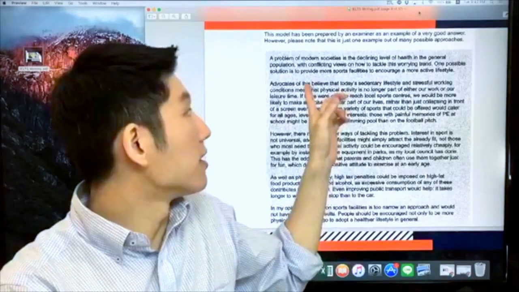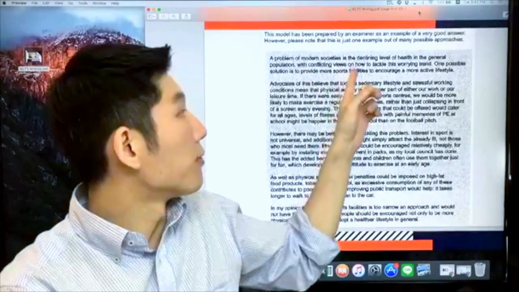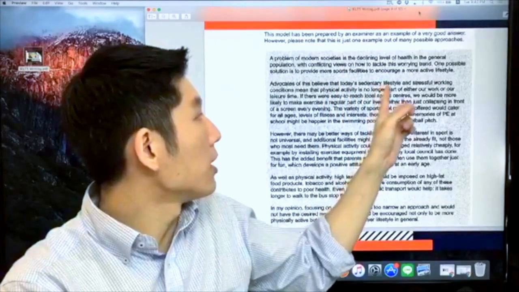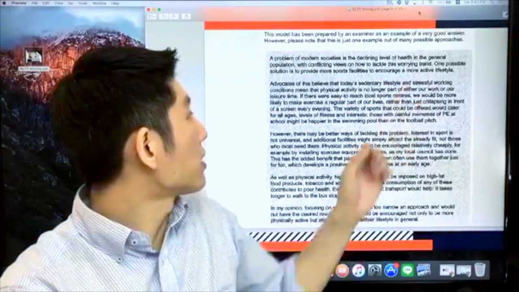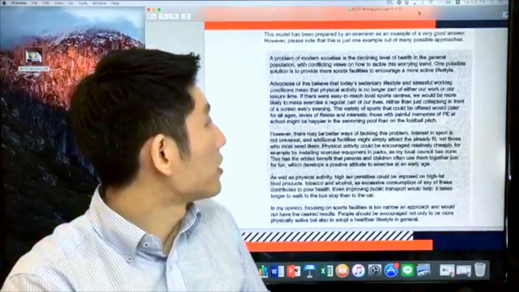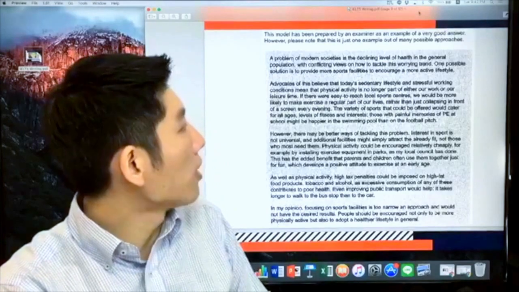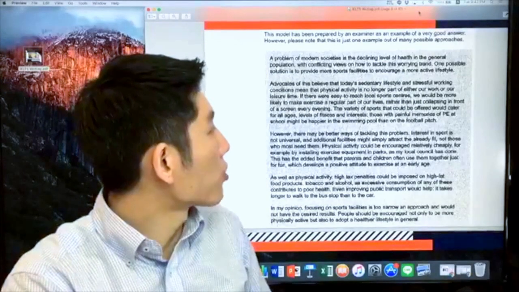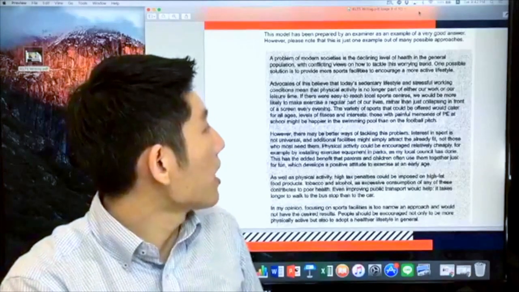Advocates of this view, the view above, believe that today's sedentary lifestyle and stressful working conditions mean that physical activity is no longer part of either our work or leisure time. If there were easy to reach local sports centers, we would be more likely to exercise.